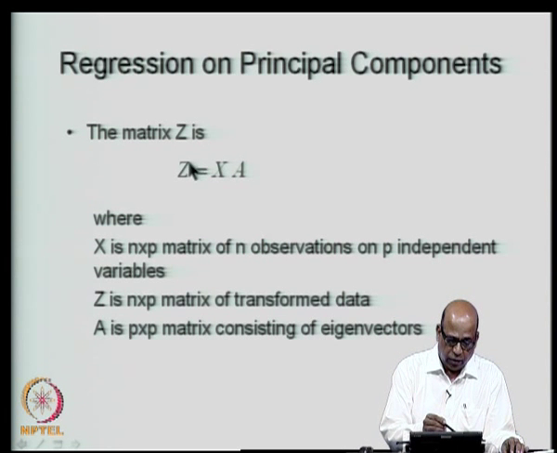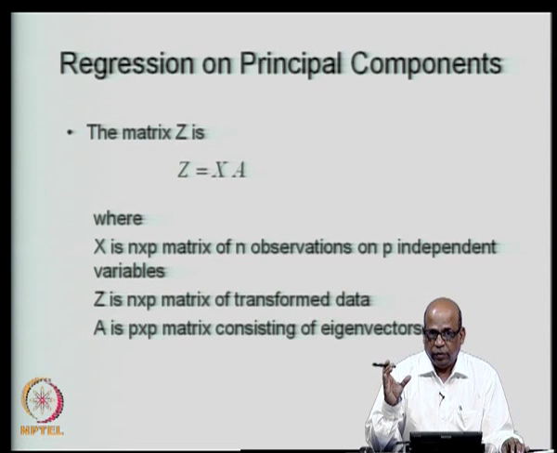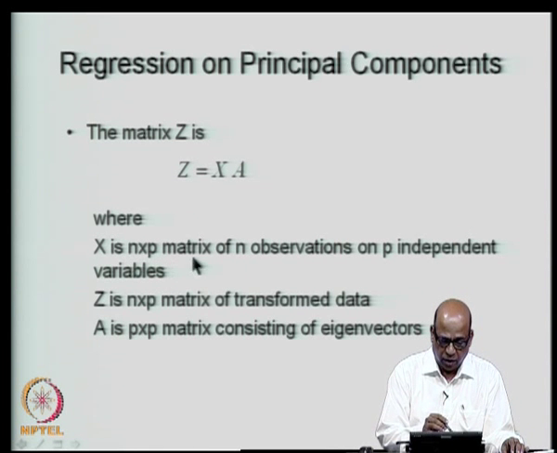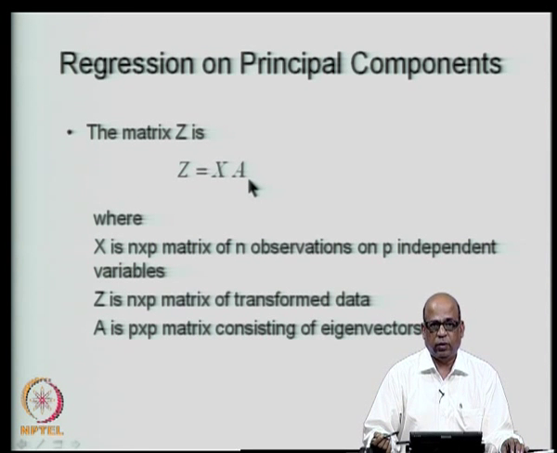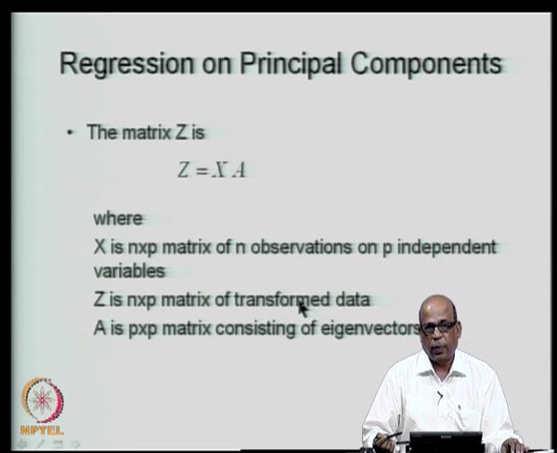So, on this we get the transformed data Z. So, Z is transformed from the standardized data on the original independent variables, which is p variables. So, this is an n by p matrix, and this is a p by p matrix, because we are talking about the eigenvectors, and Z is again an n by p matrix of the transformed data.